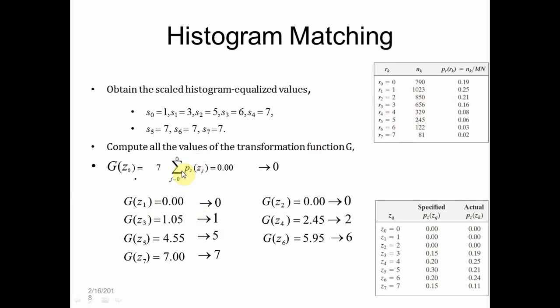Anything multiplied by 0 will be 0. For these three gray levels, 0, 1, 2, the gray level will remain 0. Now after z3 you have 1.05, that is approximately 1. Now z4, 2.45. In some books they have taken 2, in some books they consider 3.